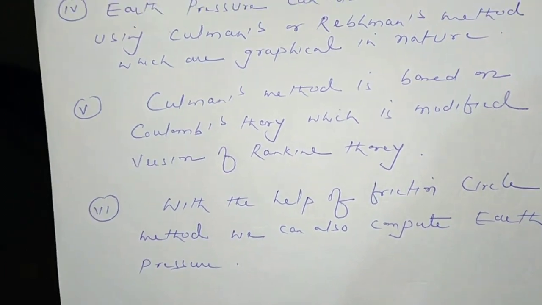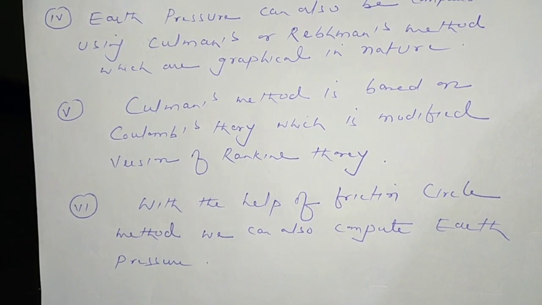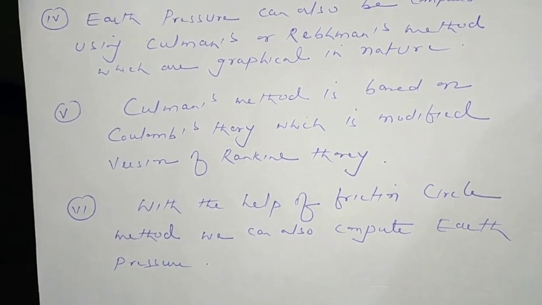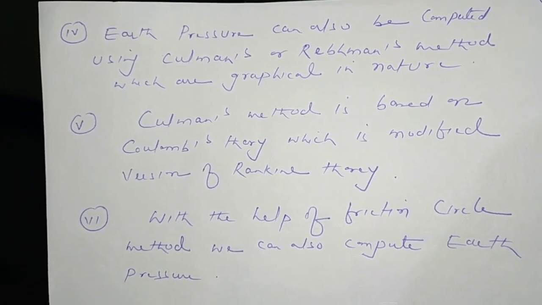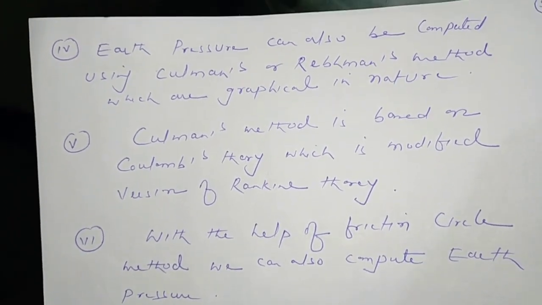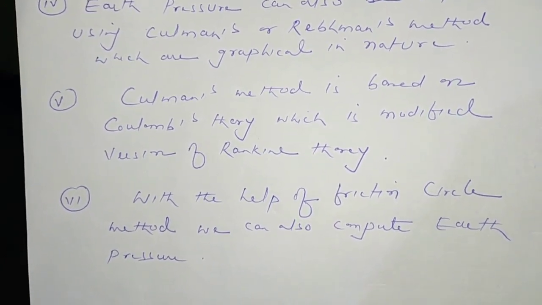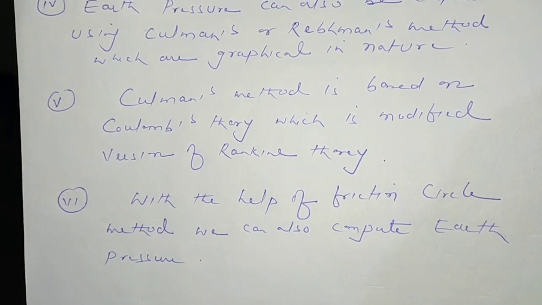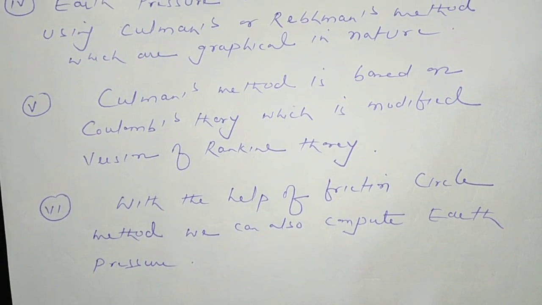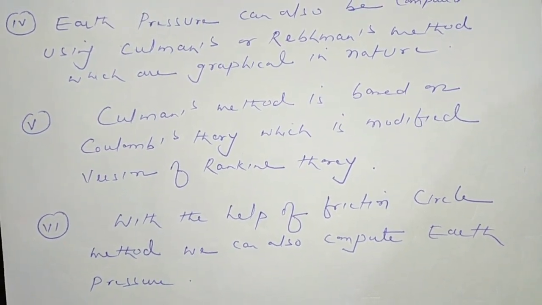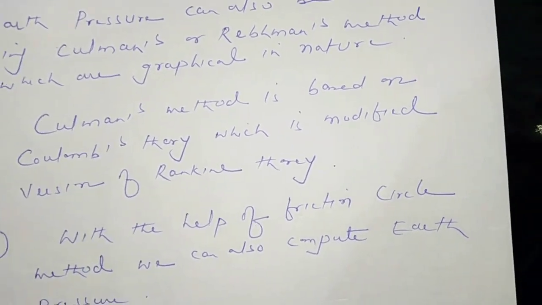So these are the key points we have to remember. The first point was, in Coulomb's theory, failure wedge is assumed to be planar, but in actual it is spiral, and the spiral case is coming most in the passive case. That's why Coulomb's theory is not performed for the passive earth pressure. In Rankine theory, elemental failure is considered. The failure is at any point, but in Coulomb's theory, entire wedge will fail.